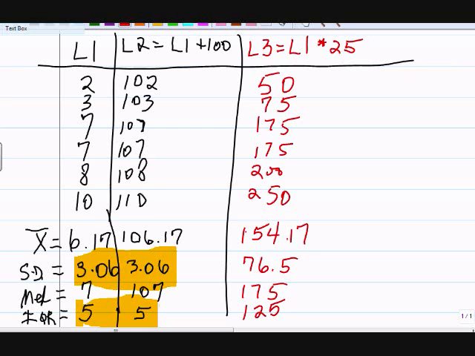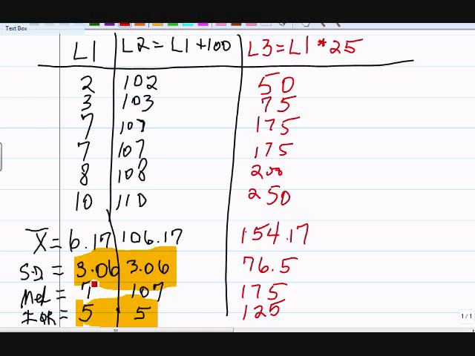Did the standard deviation stay the same this time? Did any of the numbers stay the same from list 1? But how much did they change? So what's 6.17 times 25?